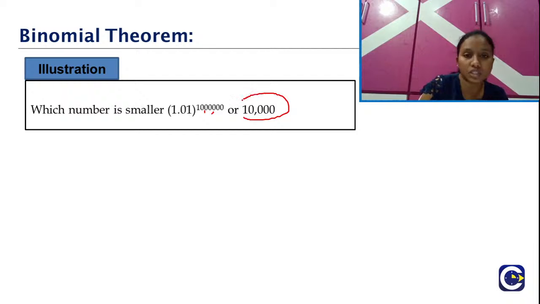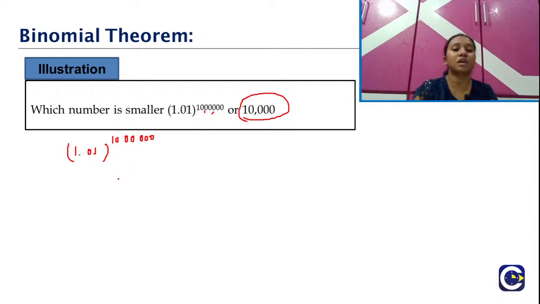So one is 10,000 directly and the other is 1.01 whole power 10 lakhs. So you have to identify amongst these two numbers which is the smallest one. So we cannot do anything with this. The only thing we could do here is we'll just expand this using our binomial theorem concept.